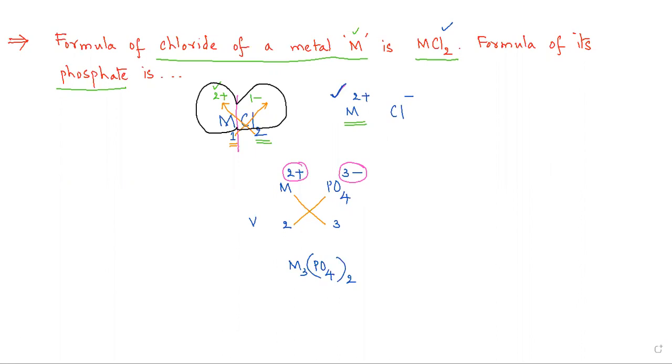So that is how you get the formula of the phosphate of the same metal. Okay. Now, let me give you one more of the same type.